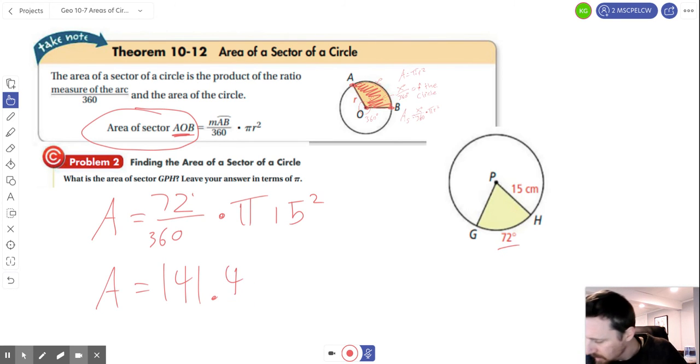Our units here, centimeters squared. That's how you find the area of a sector.